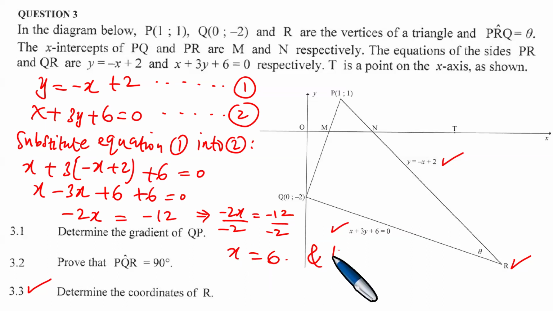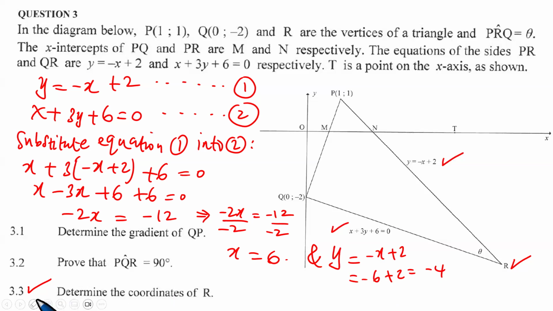And what is our y? Use one of the equations, y equals minus x plus 2. What is x? x is 6, so you have minus 6 plus 2. What is minus 6 plus 2? It's minus 4. Equation 1 is y equals minus x plus 2, and we substituted x as 6, giving minus 6 plus 2, which is minus 4.